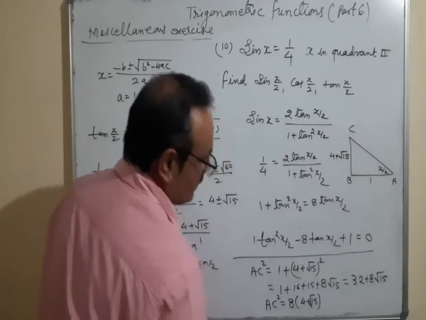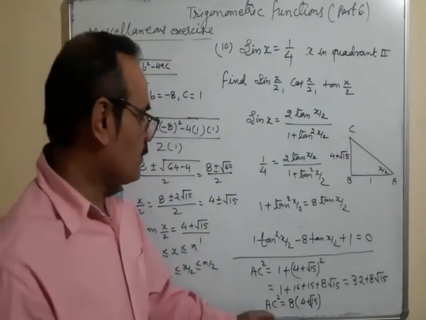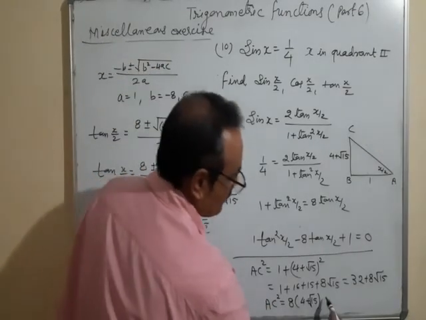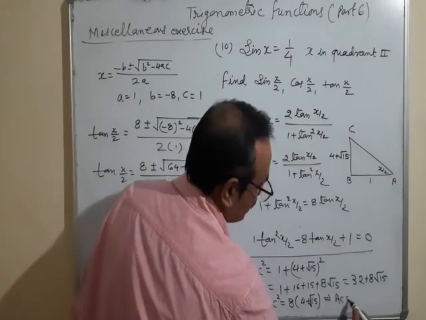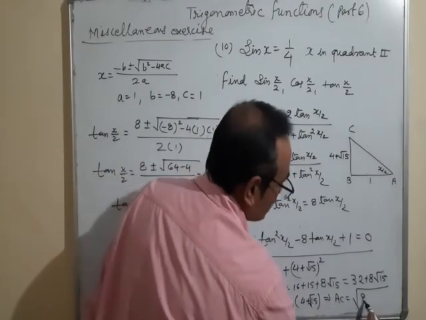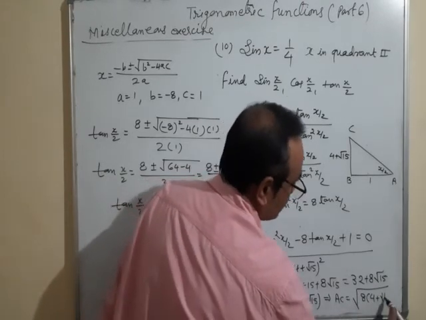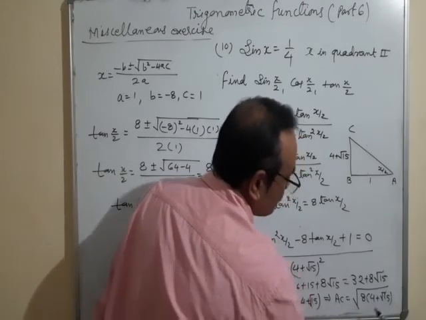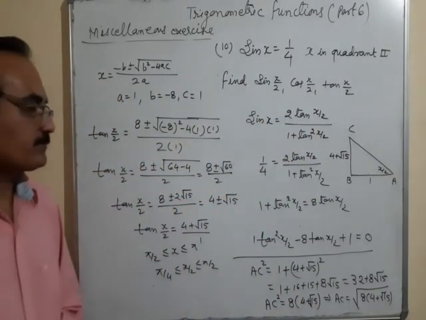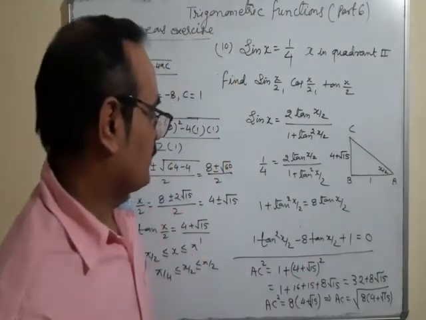This is the value of AC square, which means AC is equal to under root 8 times 4 plus under root 15, that is under root 32 plus 8 root 15.